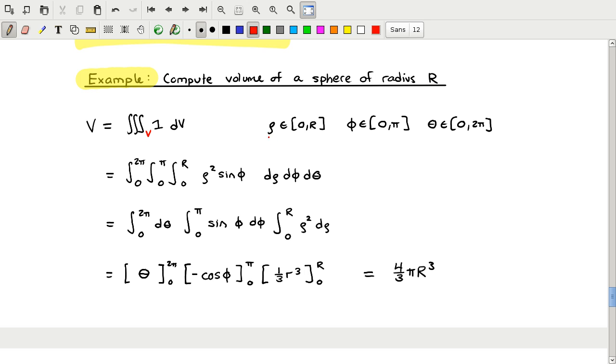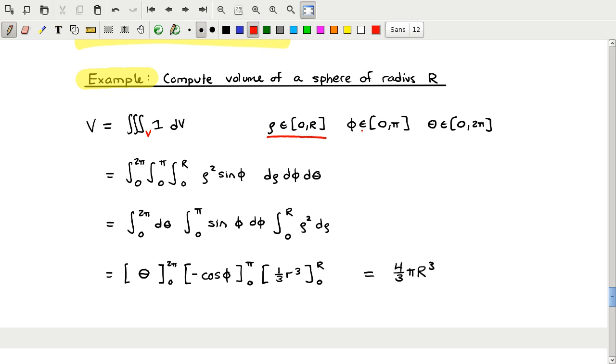Well, that distance from the origin is encapsulated in the coordinate rho. So rho is going to go from 0 to capital R. Phi is not specified. Phi can be any of its valid angles, which are 0 to pi. As is also true with theta, theta can be anything between 0 and 2 pi.